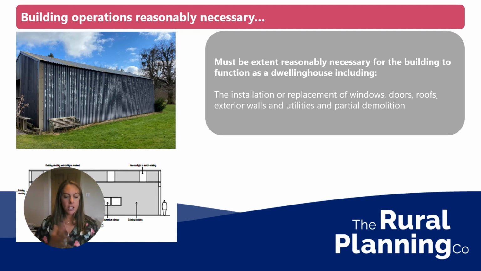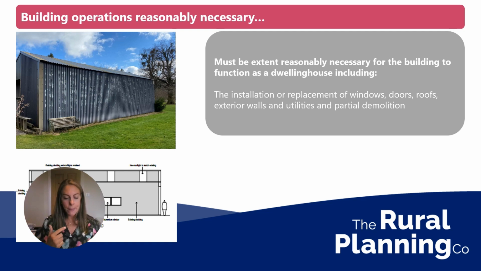Now, when Class Q first came out a number of years ago, the legislation basically said that the building must be structurally sound and capable of conversion. At that point, there were even some that were just a Dutch barn with no sides going through. They were being entirely rebuilt, really, those buildings.